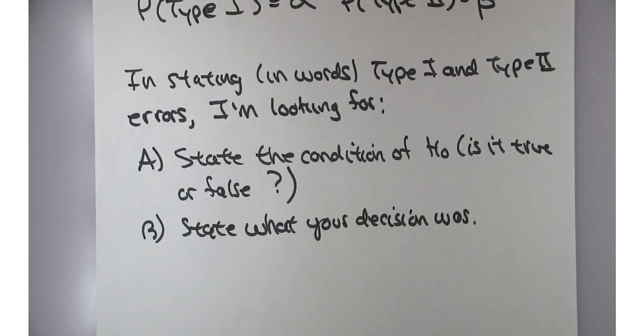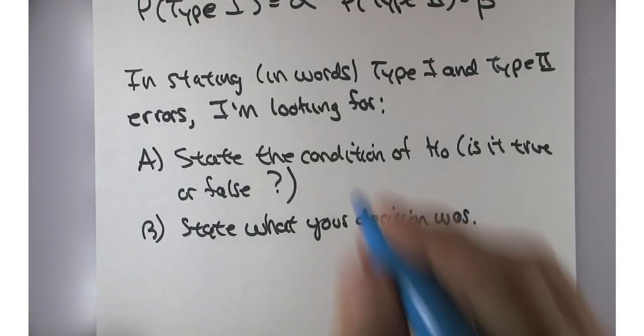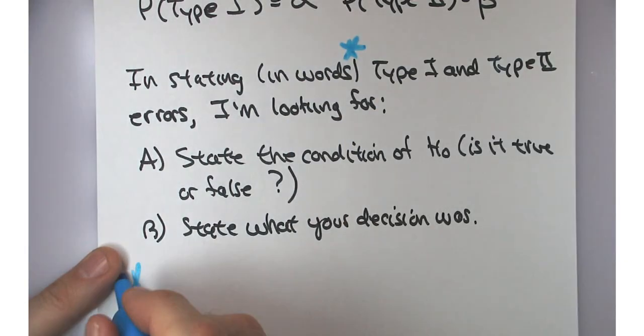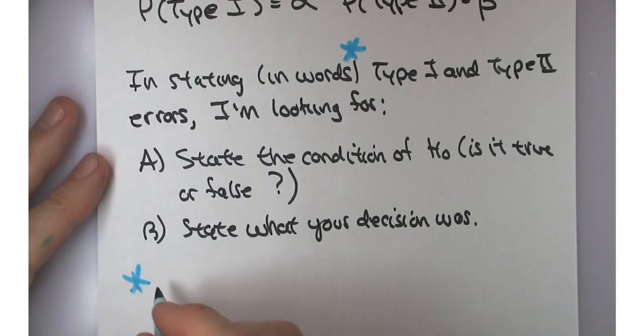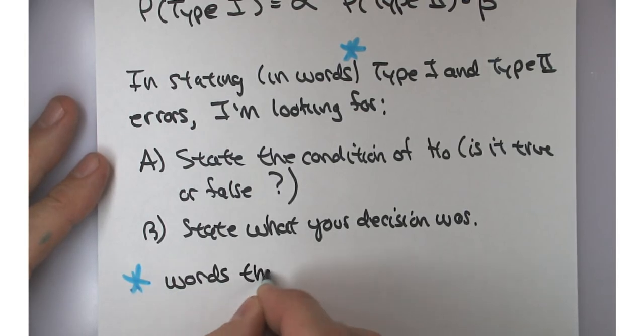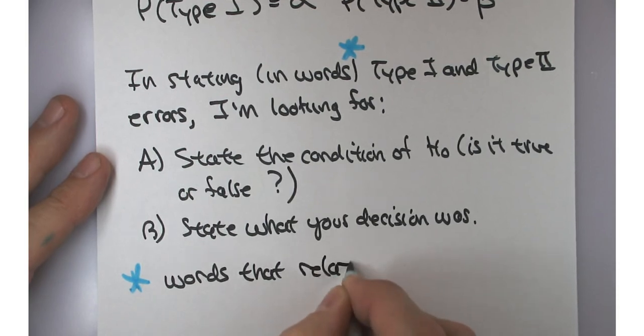And I should probably put a little asterisk up here. These have to be words that relate to the problem, without using heavily laden terms like parameter or hypothesis.